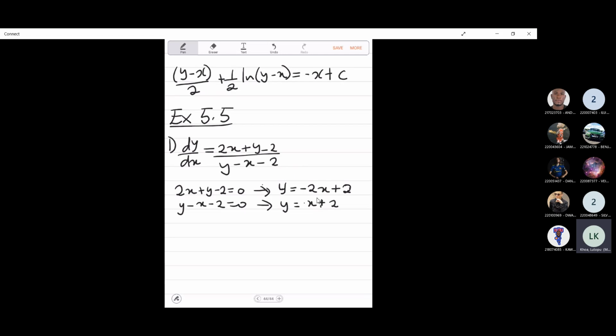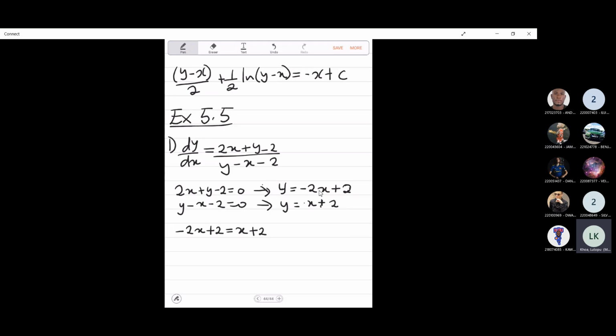Okay, so I can see my gradients are not the same. So there is a point of intersection that I should work out. So I solve these two simultaneously. I say minus 2x plus 2 is equal to x plus 2.